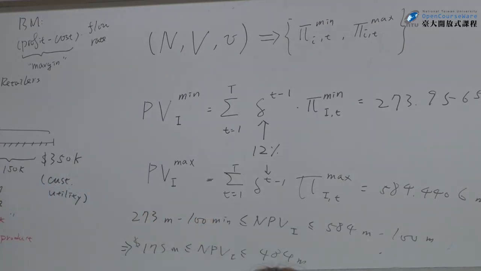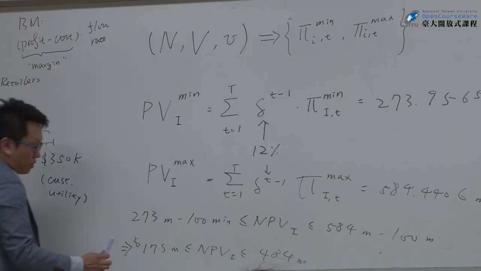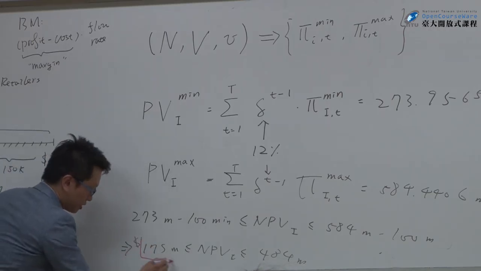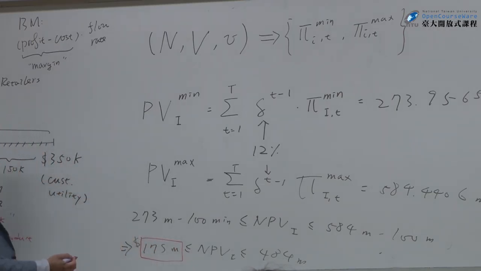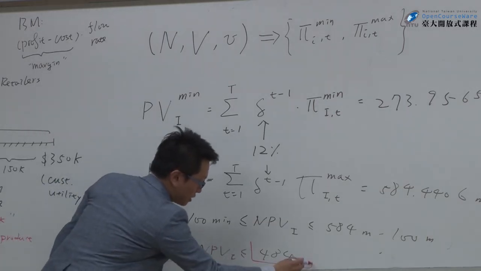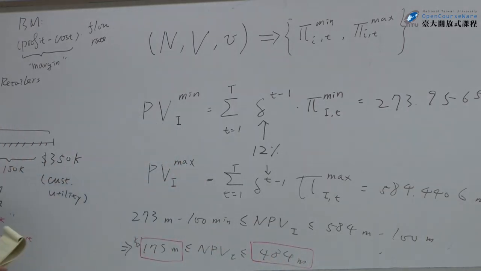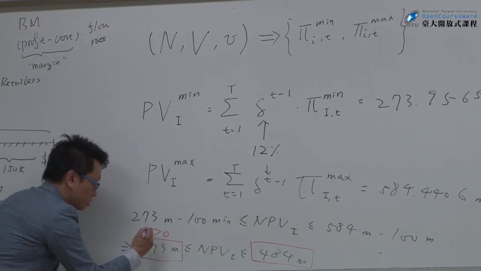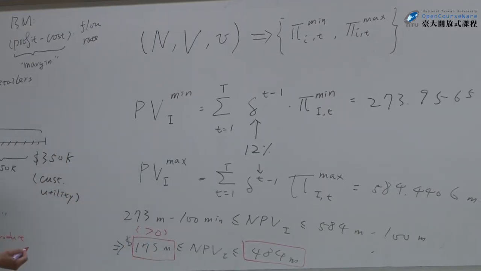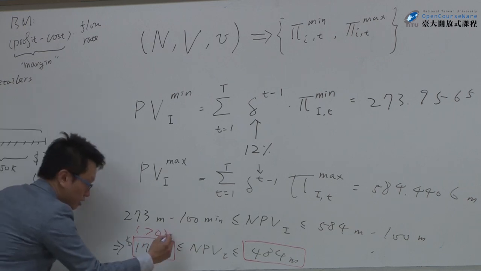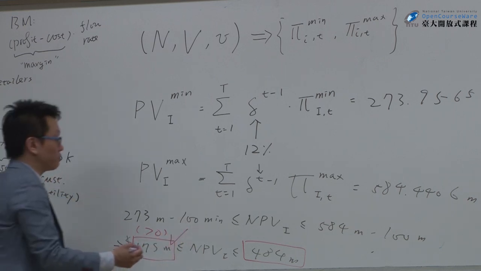For the return of this business model, the worst case will be 175 million. The best case will be 484 million. In that case, this is greater than 0. As a venture capitalist, you should invest in this project.